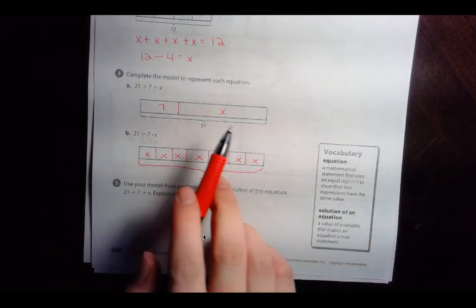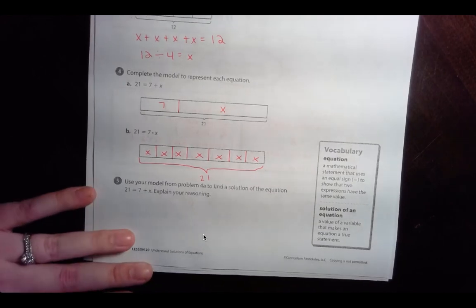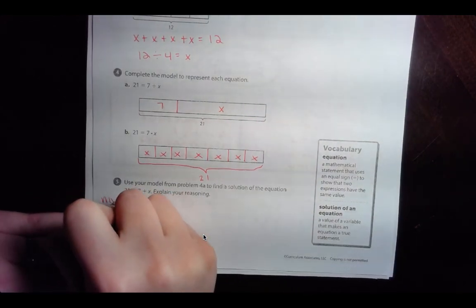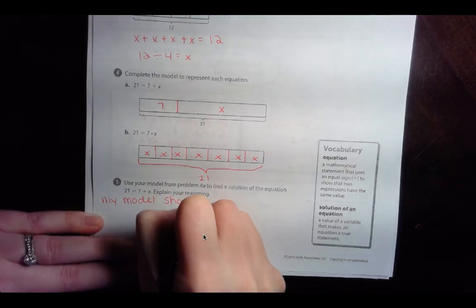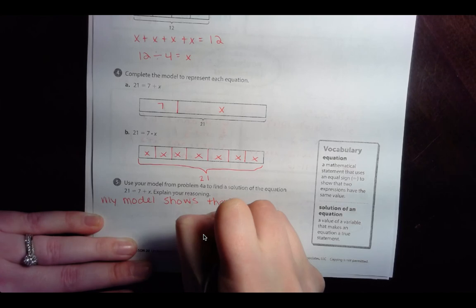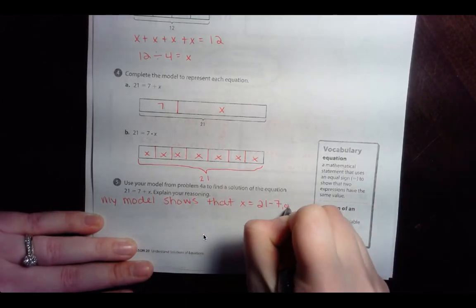All right, and number 5, use your model from problem 4a, so this top one, to find a solution of the equation 21 equals 7 plus x, and explain your reasoning. So 7 plus what gives you 21? So my model shows that x equals 21 minus 7, or 14.